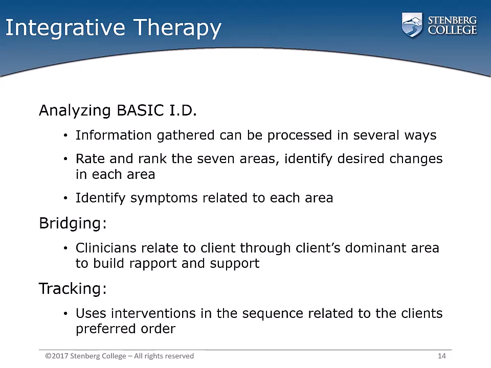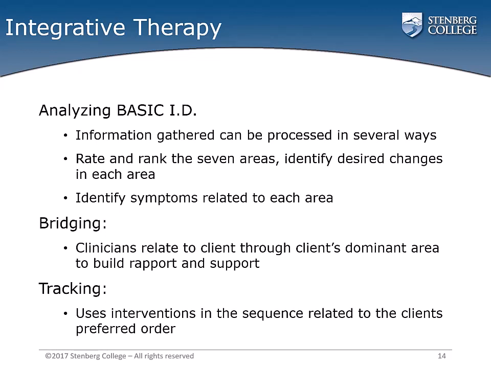BASIC ID offers a rich source of information that can be processed in several ways. Now, the 7 areas we just mentioned can be rated and ranked, helping the client identify the desired changes in each area. And it also allows for analysis that can focus on identifying symptoms connected to each of those areas.